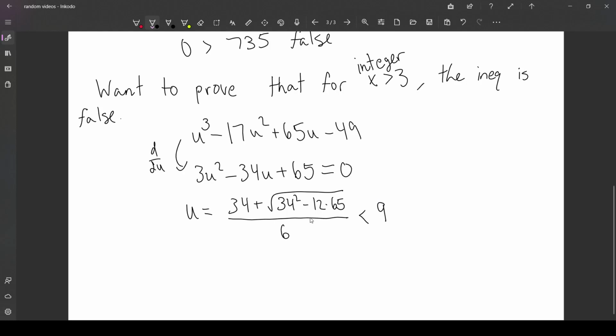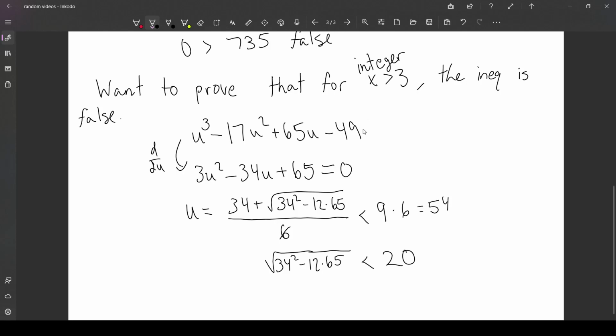And it's pretty easy to just check this, it's straightforward. So you multiply it by 6, so you get 54, and then subtract 34. So you subtract 34, and you get this.